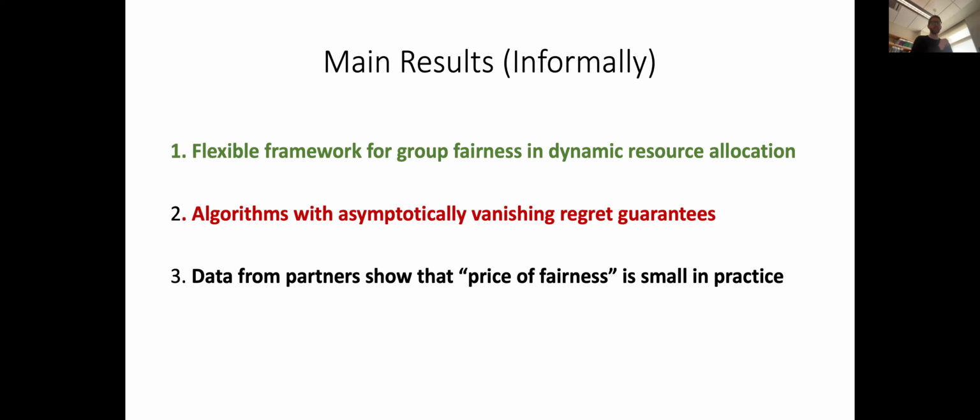So going back to the 2 examples that I showed initially, in the first example, adding the group fairness constraint was quite costly, there was a direct trade-off between either you optimize or you have fairness. We show on data that in practice that is not the case. You can have your cake and eat it too. You can enforce group fairness with a relatively small price in global efficiency.